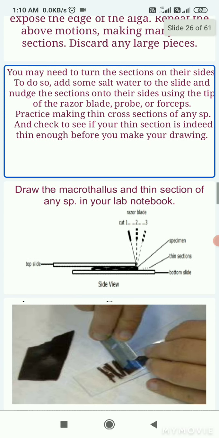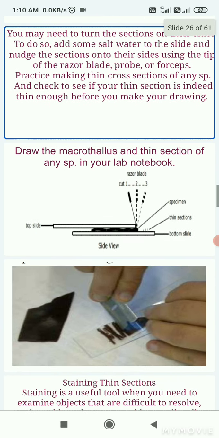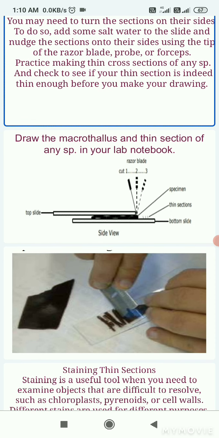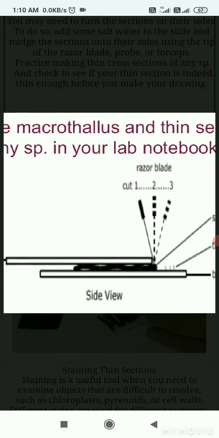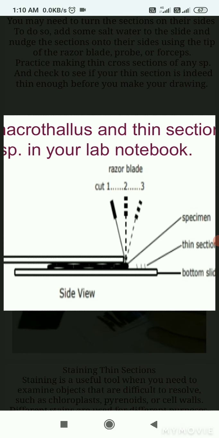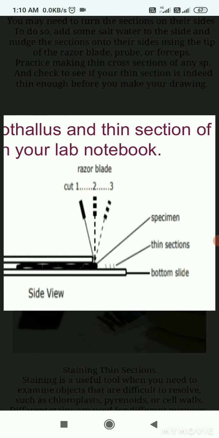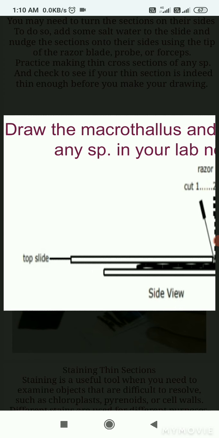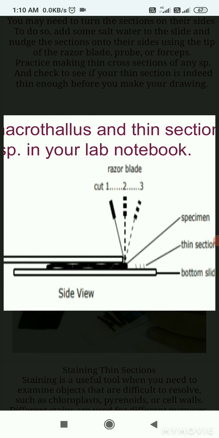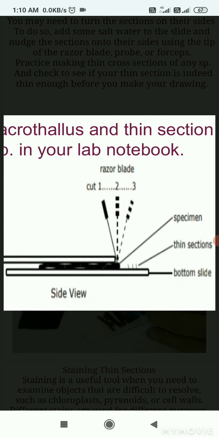here is the diagrammatic representation of thin section cutting. First of all, here is the side view which shows the bottom slide and this is the top slide. In between these two slides there is a dark colored specimen, that is an alga, which is cut by the razor blade.